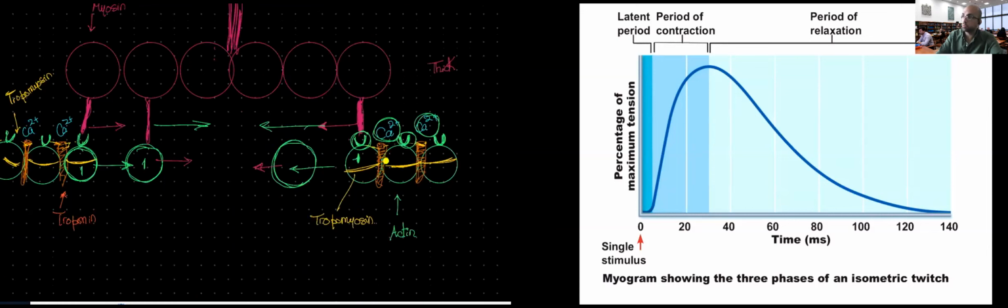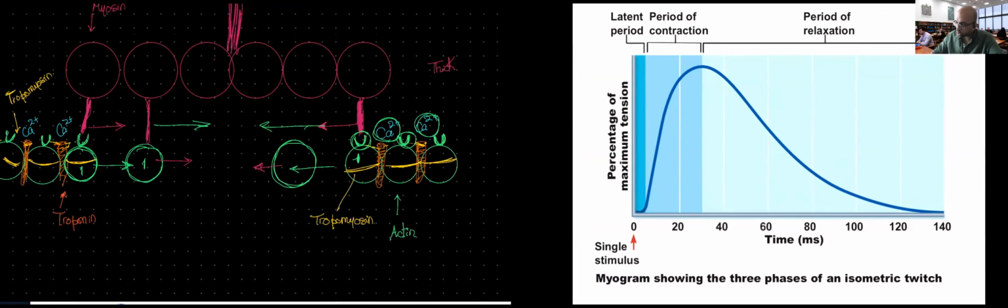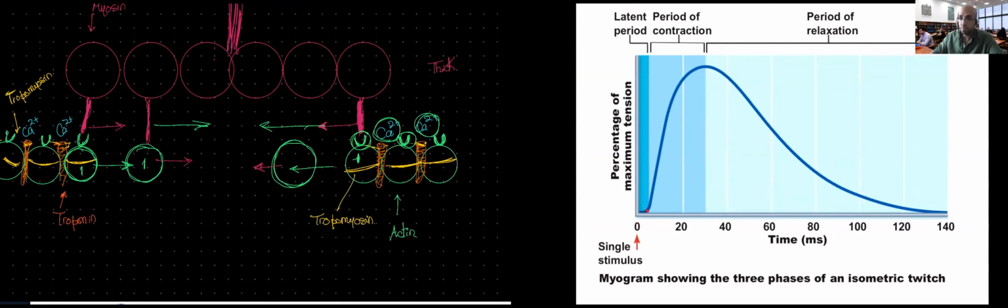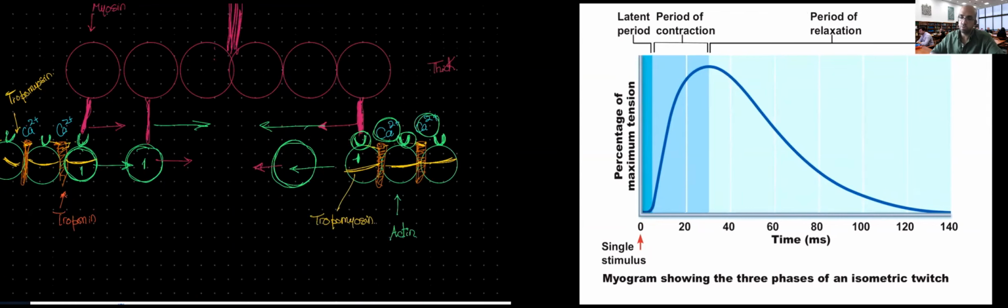The calcium binds to the troponin, changing the shape of the troponin to move the tropomyosin away from the binding sites of the actin subunits, and the myosin heads will form a cross bridge to bind to the actin, pulling the actin, starting the contraction. So all that I just mentioned is taking place in those few milliseconds. This is what we call the excitation contraction coupling.